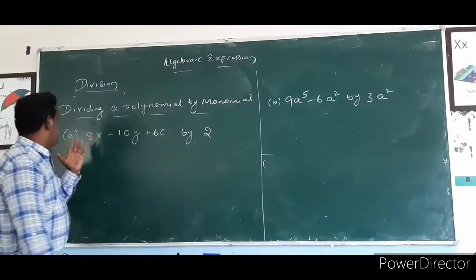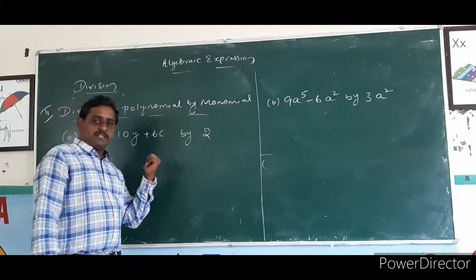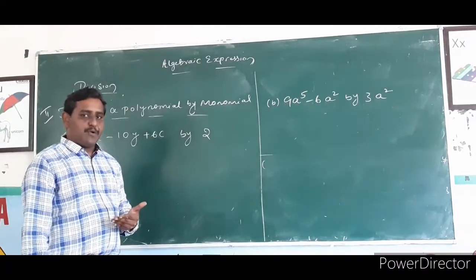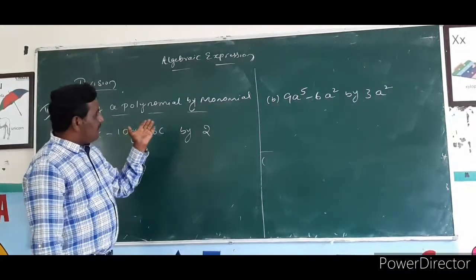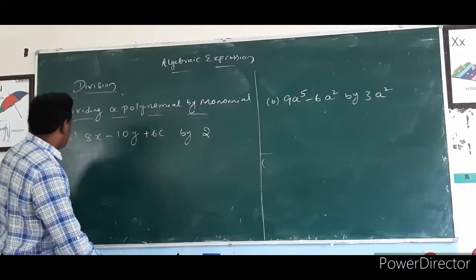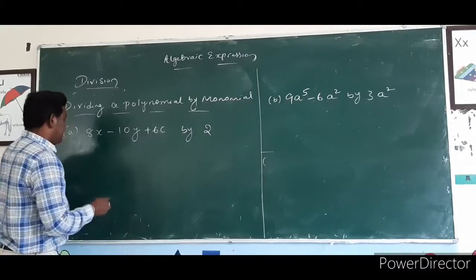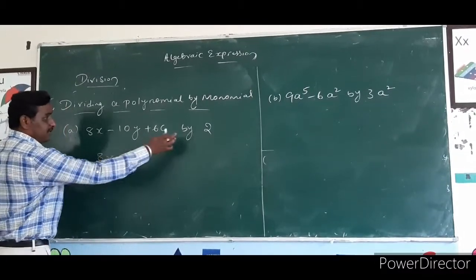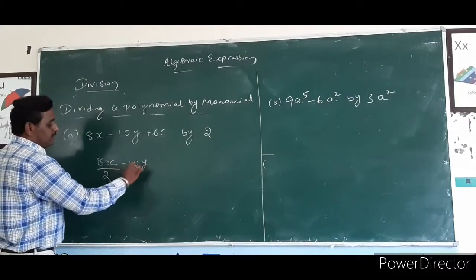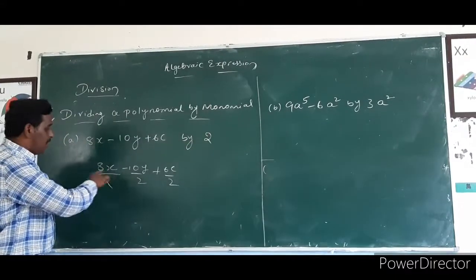And the next type is dividing a polynomial by a monomial. In the first method, we did division of monomial by monomial. Here is division of polynomial by monomial. Here one polynomial is there, and here one monomial is there. So 8x minus 10y plus 6c divided by 2 means the monomial divides each term of the polynomial.